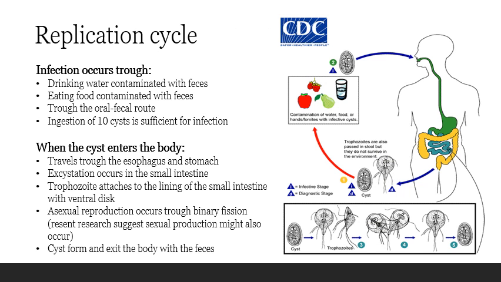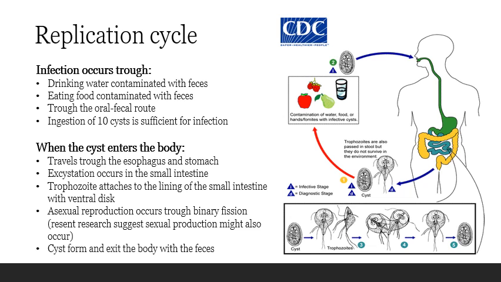The replication cycle. So how do you actually get infected, and how does this parasite replicate within the intestinal system? You get infected through drinking water that is contaminated with feces of animals or humans that are carrying this protozoan.